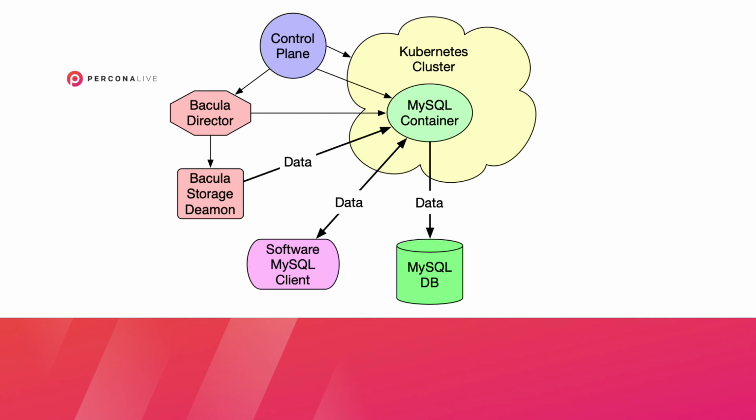So how does this work? So we have the control plane and the Bacula director, which are part of the backup infrastructure, and the Bacula storage daemon. And we have a Kubernetes cluster where we spin up a pod. That pod will have the Bacula file daemon, the Bacula client, and it will have MySQL itself.